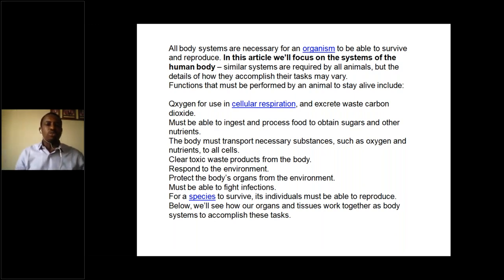So clear toxic waste from the body. For an organism to be alive, for an animal, for a human being to be alive, that human being must have a system of clearing toxic waste from the body. If you see people that have renal failure, you really see that, wow, this kidney, we are not conscious that it's there.